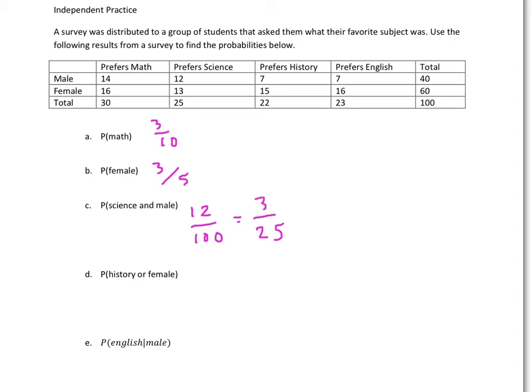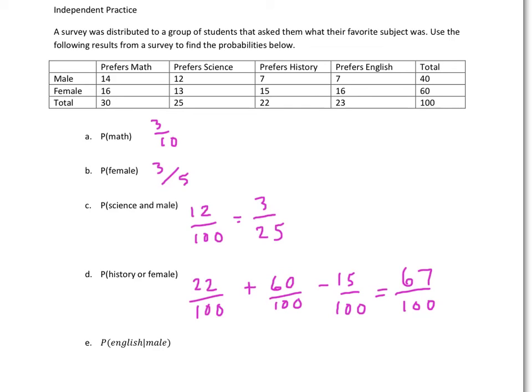Probability that they like history or they are female: there are 22 that prefer history, there are 60 females, and we have counted 15 twice. We only should count them once, so we have to subtract them out. So that makes 67 out of 100.